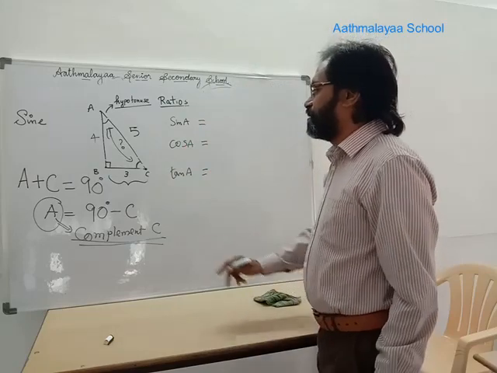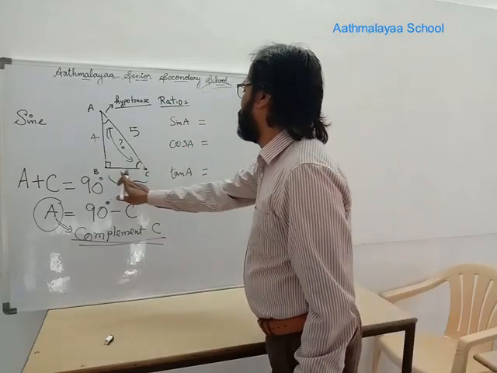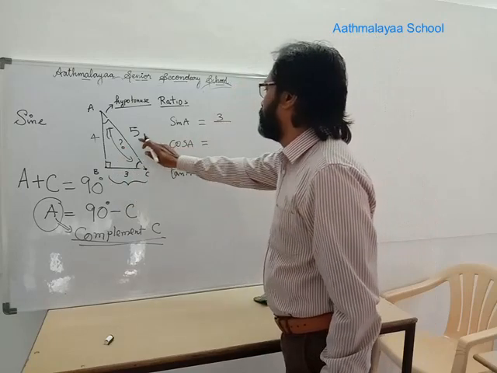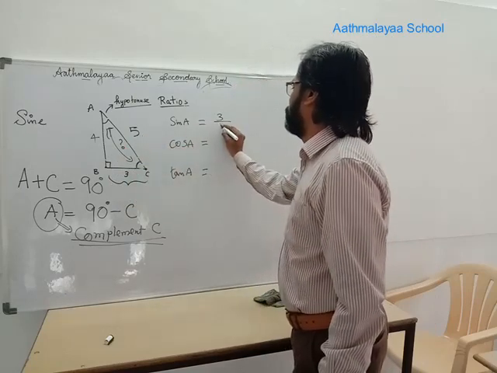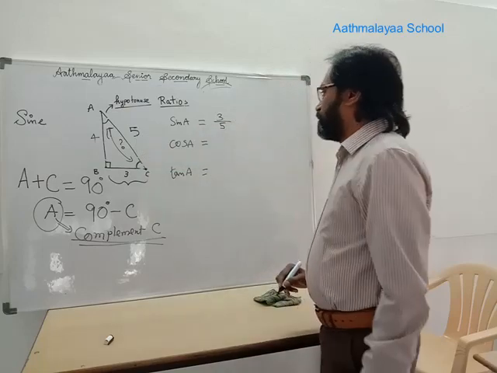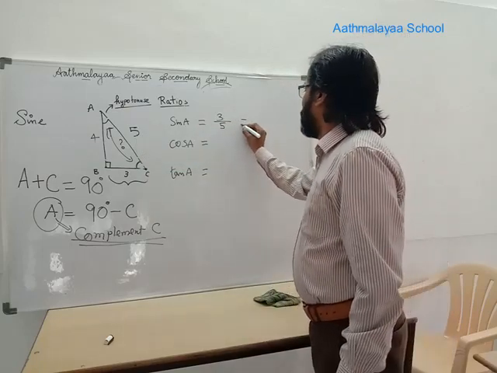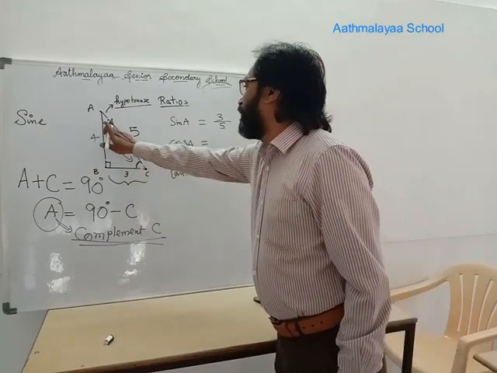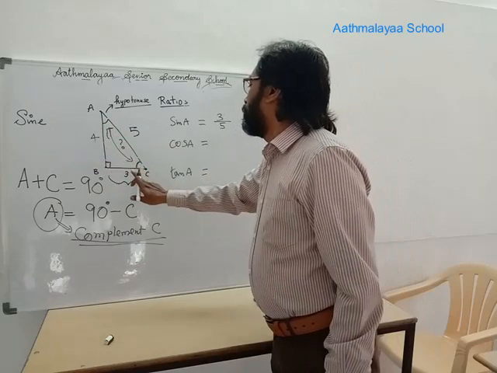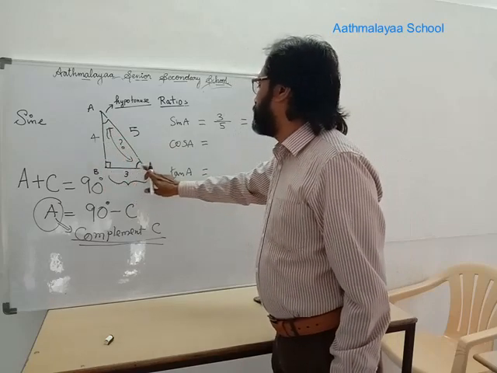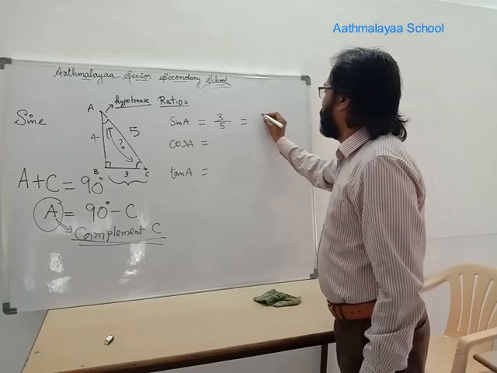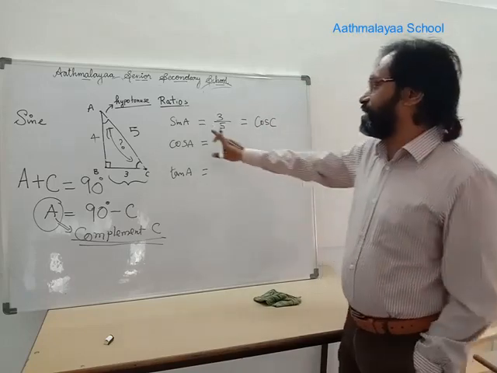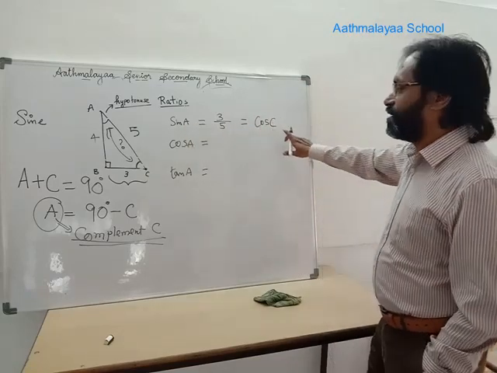Sin A is opposite of A, which is 3, hypotenuse is 5. Okay. Now, the same thing can be written as 3 is opposite to angle A, but it is adjacent to angle C. So I can write it as cos C.